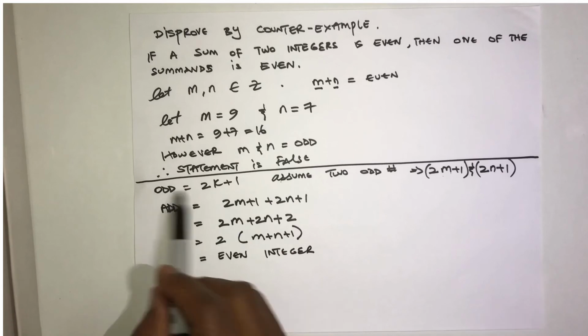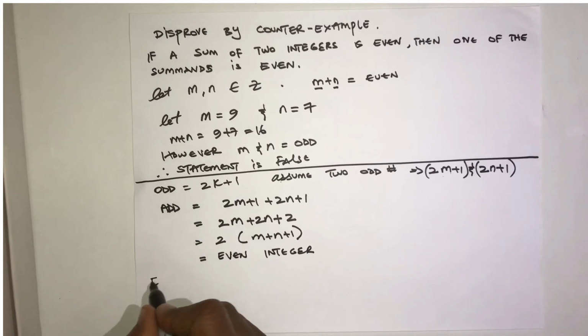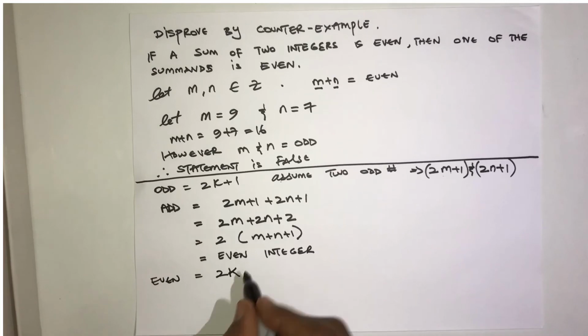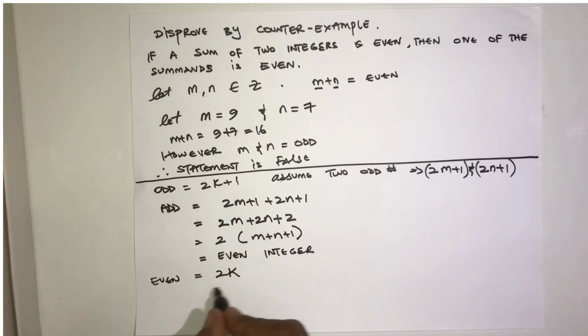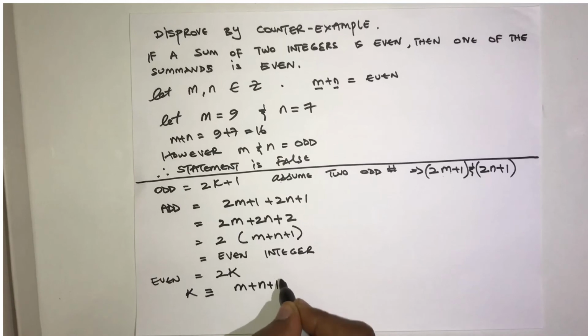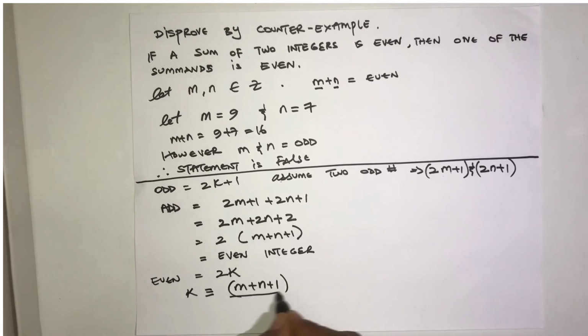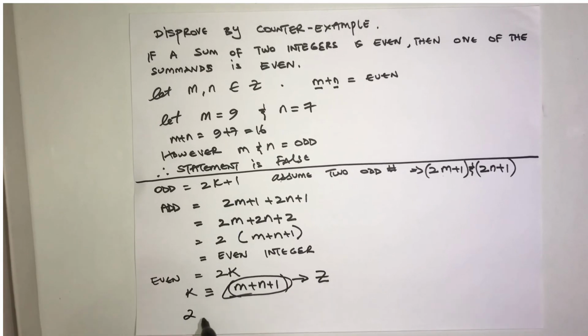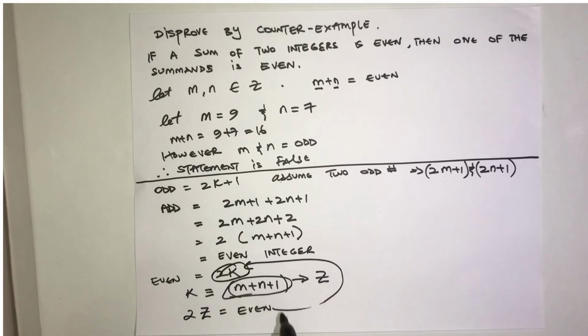As we recall, odd numbers are in the form 2k plus 1. Even numbers are in the form of 2k. So in this case above, k would have been equivalent to m plus n plus 1, which is indeed an integer, and 2 times any integer is even, linking back to 2k.